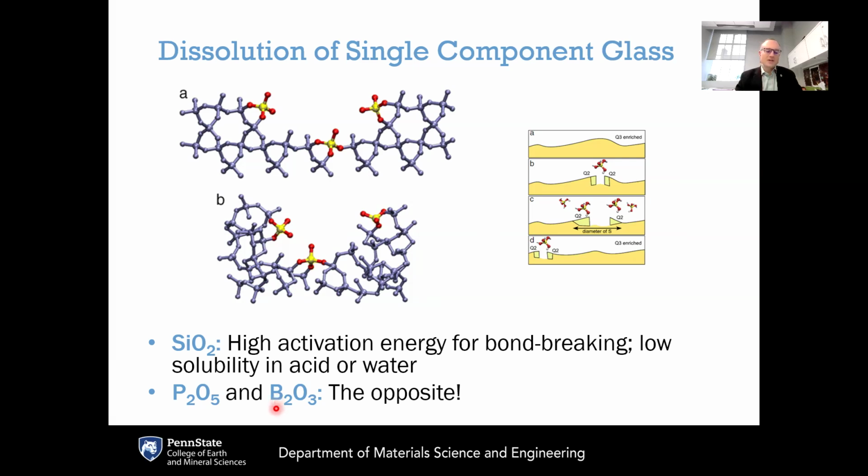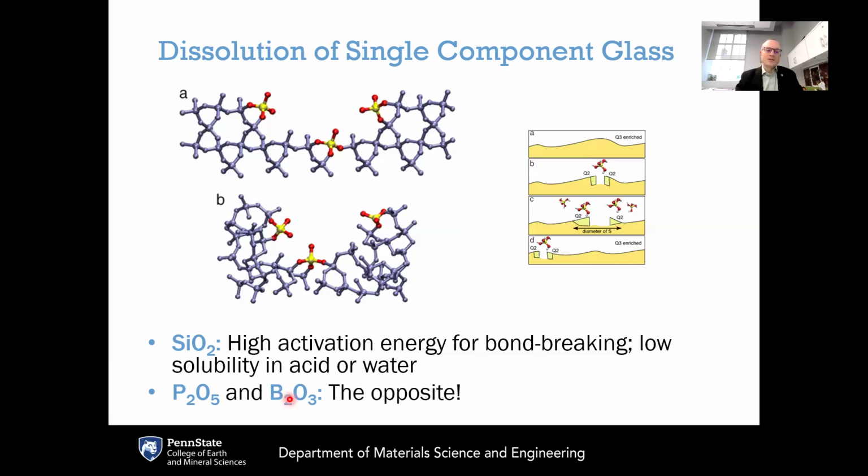So in these cases, the water molecule is attacking the bonds between the cations and the oxygen, and it is interacting with that, creating an altered layer at the surface, and eventually removing the network-forming species from the glass itself. So B2O3 and P2O5 are both readily corroded in a humid environment.